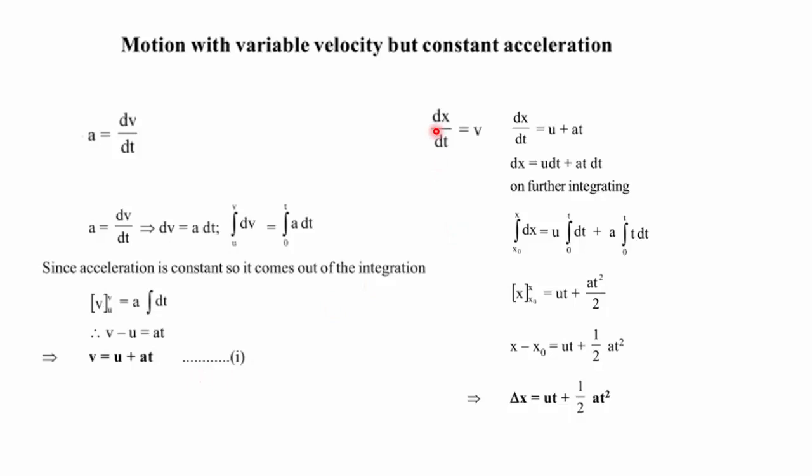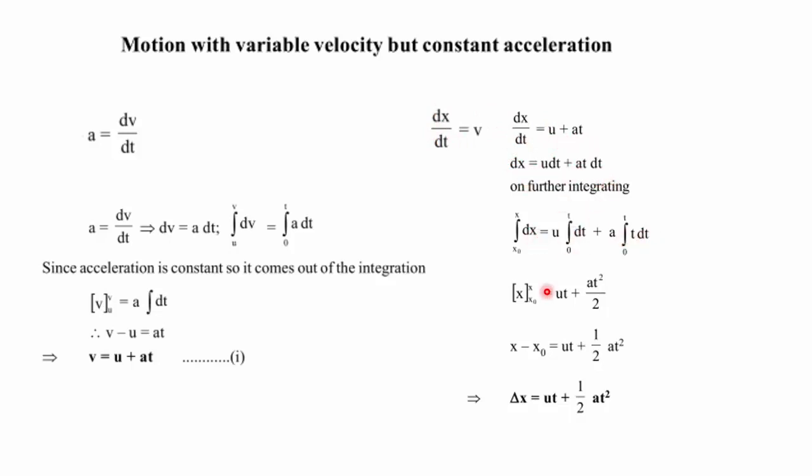Now there's another equation that we derive this way: dx by dt is the velocity. We define the velocity as dx by dt, where x is the change in position. Now I substitute the value of v into the equation, rearrange, and integrate.